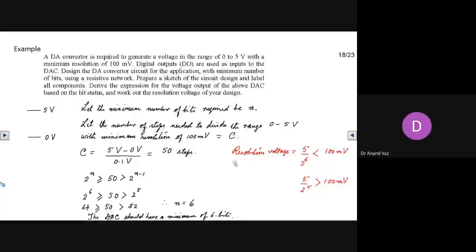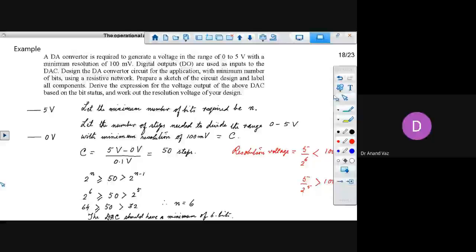So I hope this point about producing the smallest voltage that can be generated by the DAC is clear to you. In this case, we needed 6 bits to produce this.